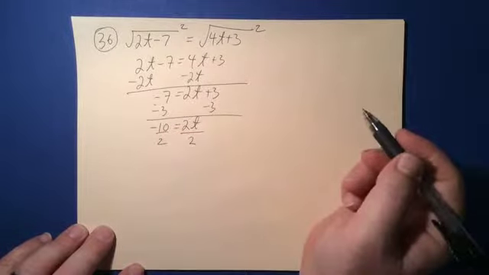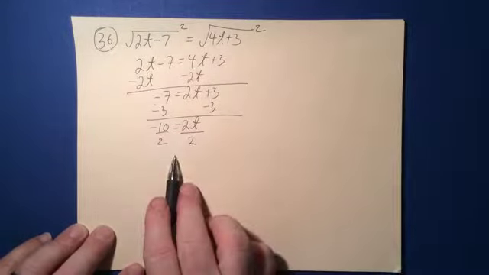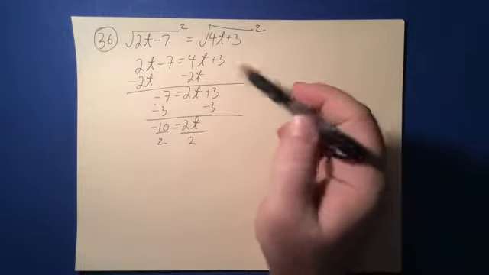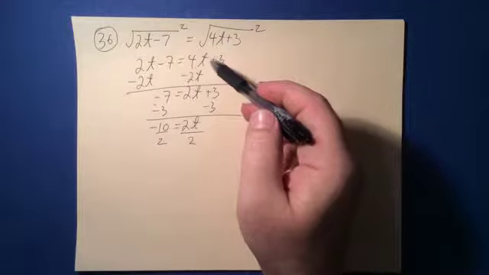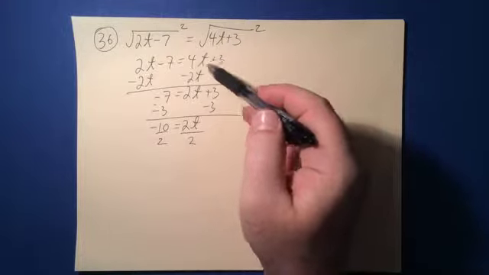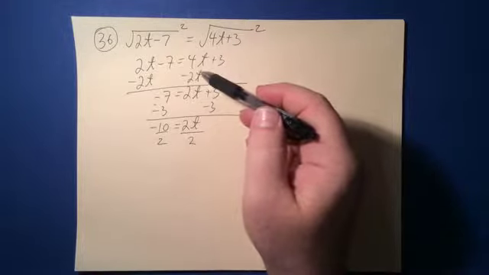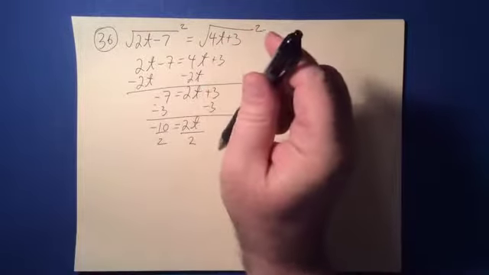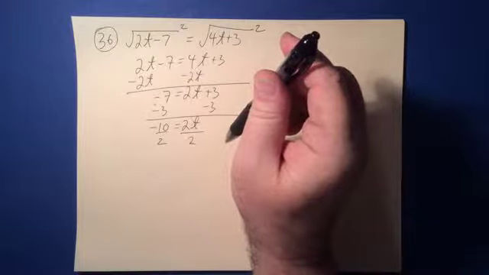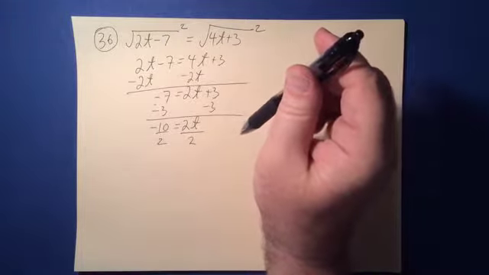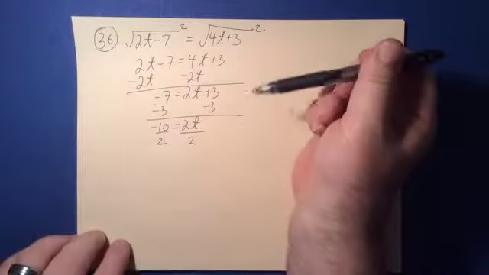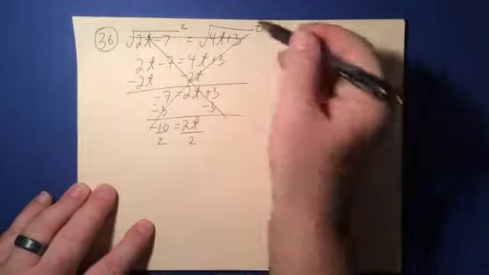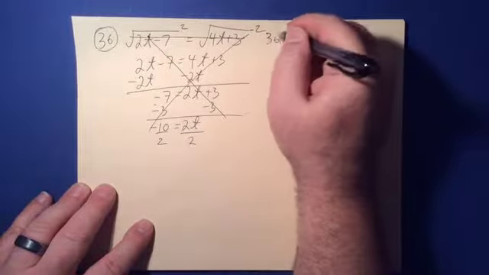Hold on, just checking my work here. Something about the answer I don't like. Maybe I copied the question wrong. 2t minus 7? Yes, I did. I took 36 and 35 and combined them together. So cross that out, with my apologies.